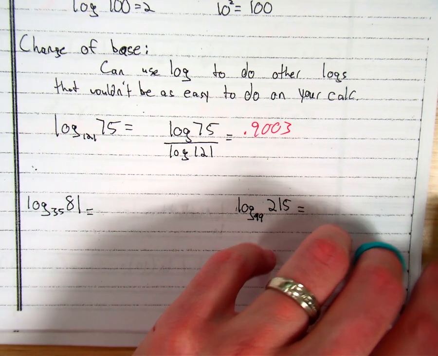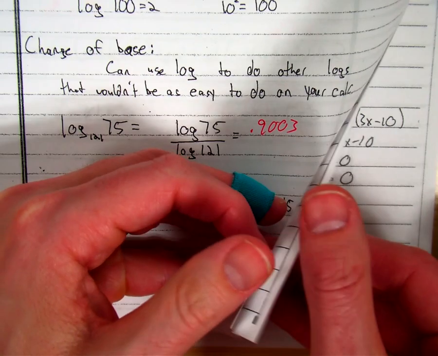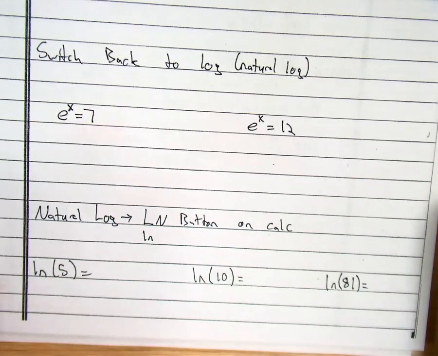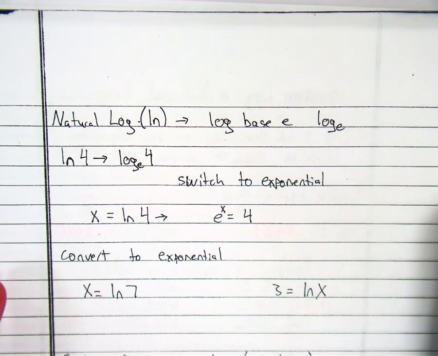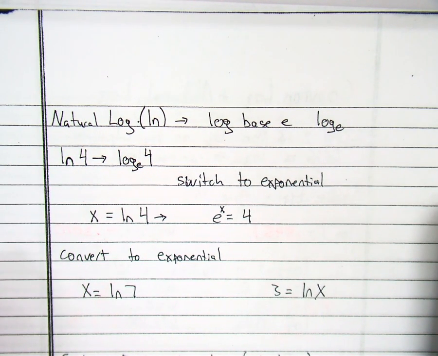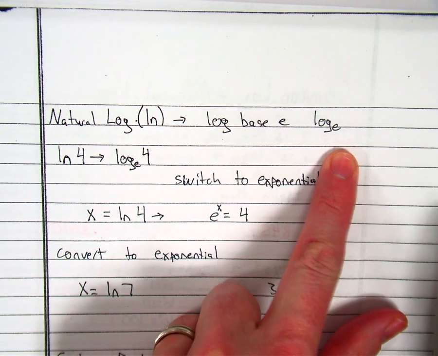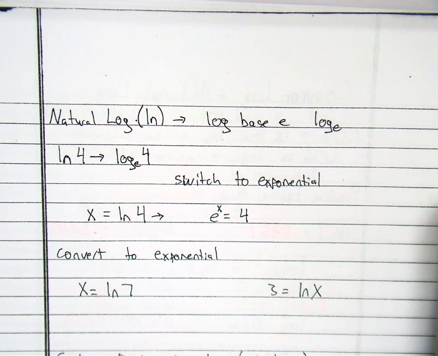Alright, turn the page. The other type of log we're learning about today is the natural log. I would have chosen NL, but they went with LN. It's the log base e. E was a special number we had during our exponential stuff. It's just like pi. It's a number that goes on and on forever without repeating, so they gave it its own letter to represent the whole thing.